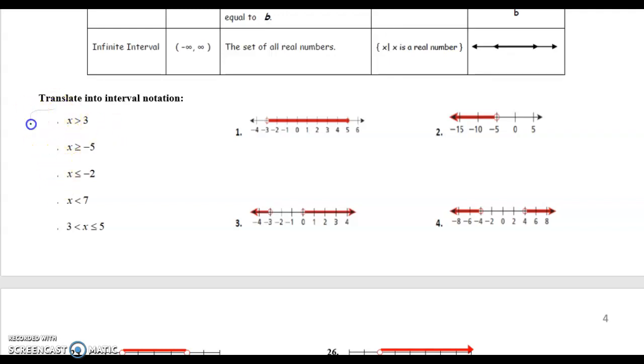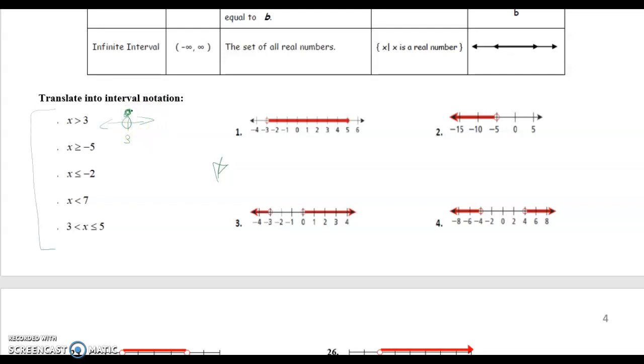So you should be familiar with all of these and all of these. Let's look at a couple and write them in interval notation. X strictly greater than 3 means it's all the values of x. So if we were going to write this with a number line, it's all the values of x greater than 3.